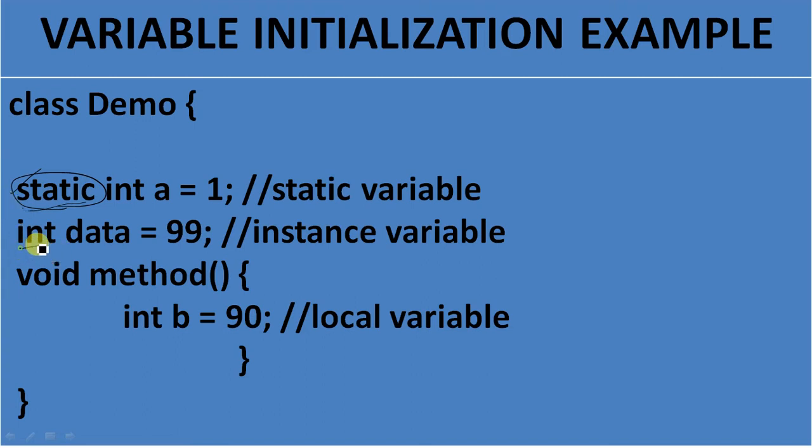We just write int and the name of the variable. Static variables and instance variables are defined outside of the method, and the local variable is defined within the method. So this b is a local variable of the method. These are the differences between local variable, instance variable and static variable.